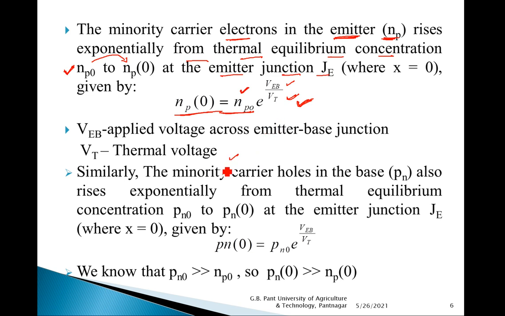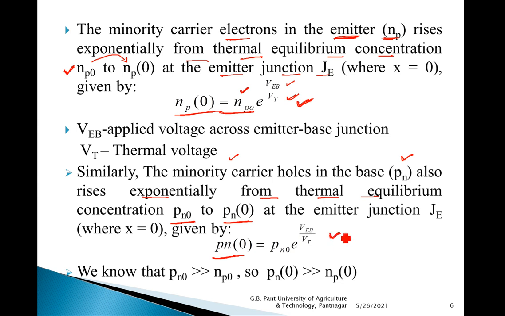So this is the formula which governs the change in the concentration of the minority charge carriers on the emitter side. Similarly, what happens to the minority carrier holes in the base? Suppose the minority carrier holes in the base region are represented by Pn. Their value also rises exponentially from the thermal equilibrium concentration, given by Pn0, to Pn(0) in brackets, which is equal to Pn0 e raised to the power VEB upon VT.